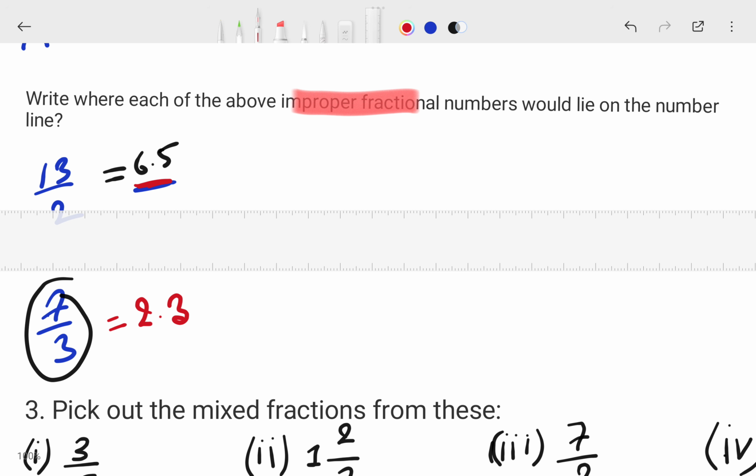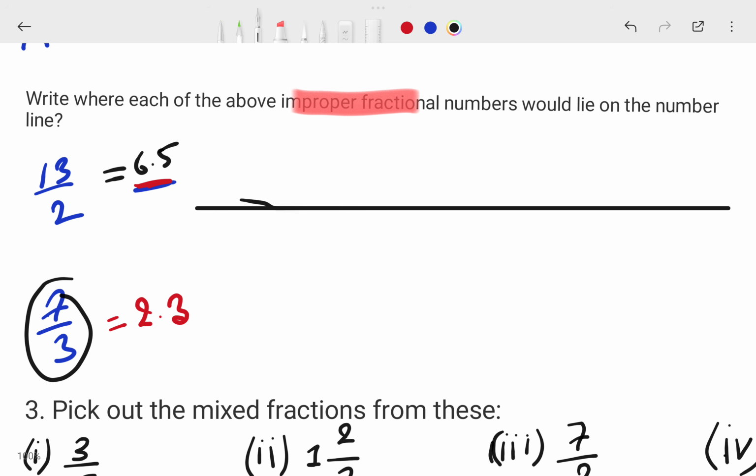So let's see. This is a line, and this is 0, this is 1, this is 2, this is 3, this is 4, this is 5, and this is 6.